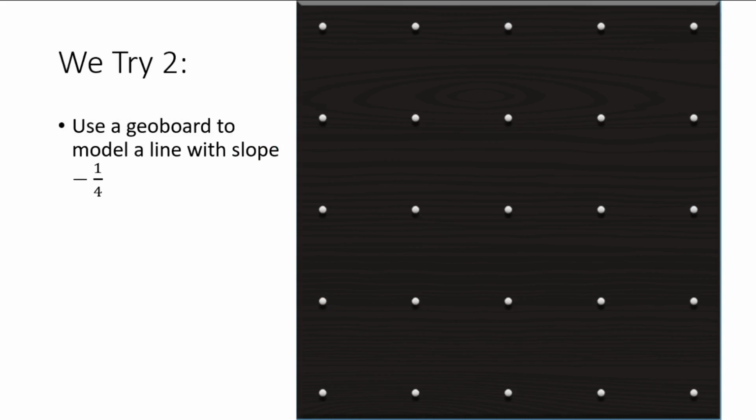Okay, very good. So now we want to use a geoboard to model a line with the slope -1 over 4, which means that I can start anywhere I want on my geoboard as long as I have enough room. So I'm going to start right here. So once I've chosen where I'm going to start, I want to go down 1, and I want to go to the right 4. 1, 2, 3.